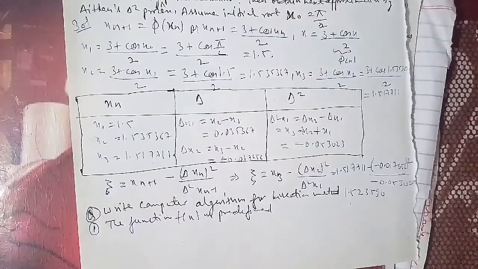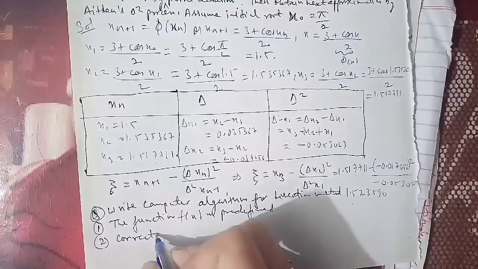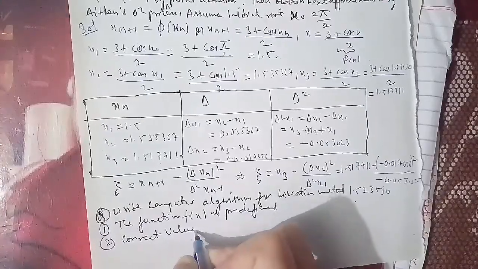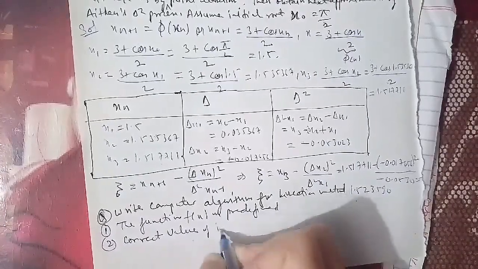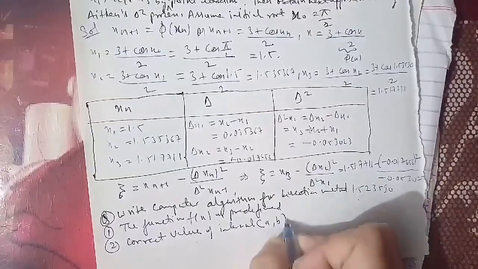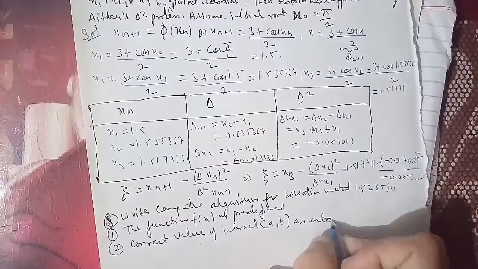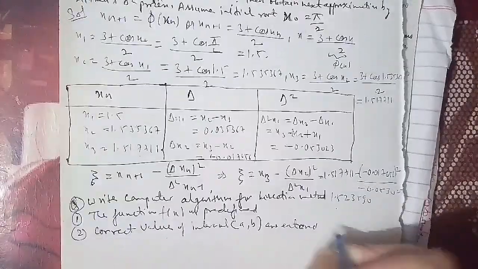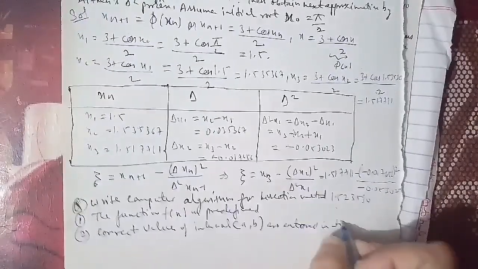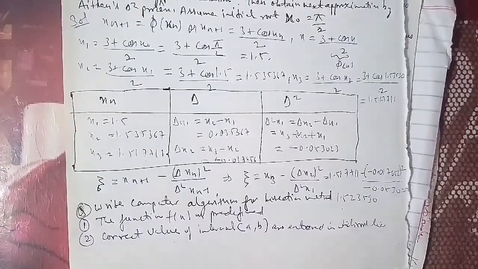The second assumption we get here is that correct value of interval a comma b are entered in which root lies. That we have to discuss here. So for the step we'll talk about this step.